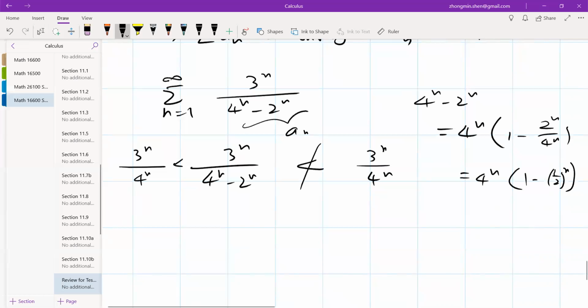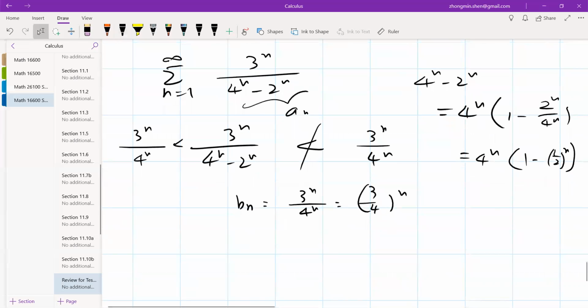But how do you prove this? So you still let bn be 3 to the n over 4 to the n. But this time you cannot say an is less than or equal to bn, so you have to use the limit comparison test.